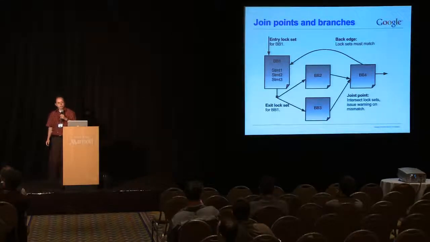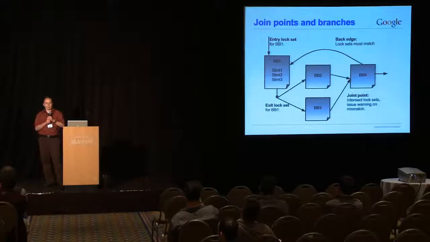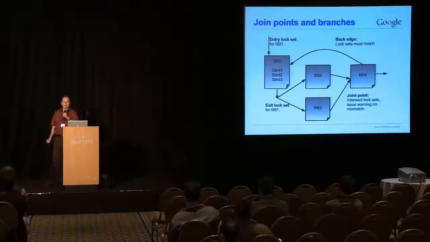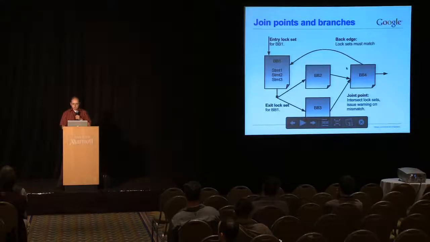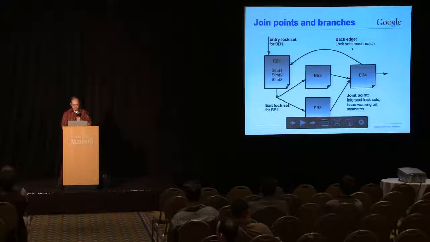The way we handle join points is you take the intersection of the two sets, and anything that's not in the intersection you have to issue a warning on, because we require that you hold the same set of locks going into a join point on both of the branches. Similar requirement on back edges: lock sets must match.